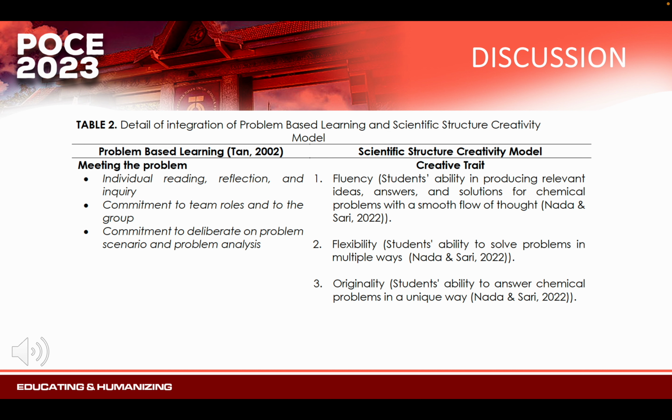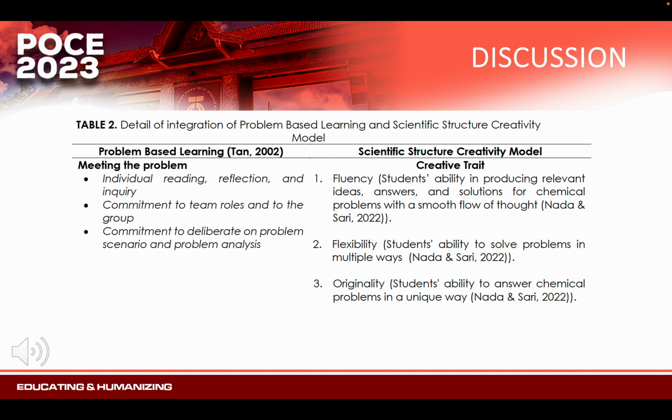So what the students need to do follows the characteristics or criteria of PBL by 10 2002. For example, in the meeting the problem stage, students need to do individual reading, reflection, inquiry, commitment to the team rules and to the group, commitment to deliberate on the problem scenario and problem analysis.